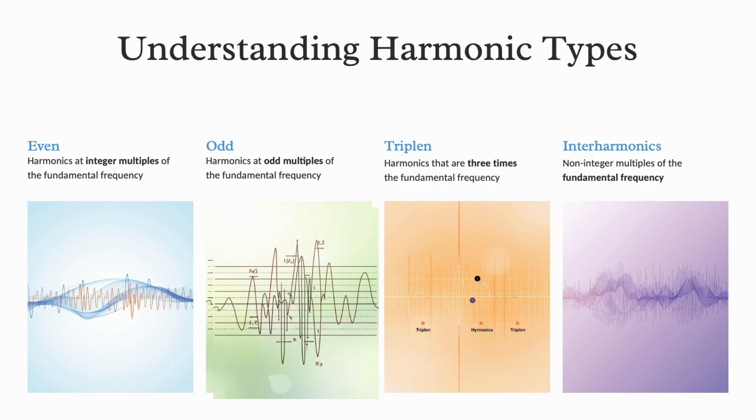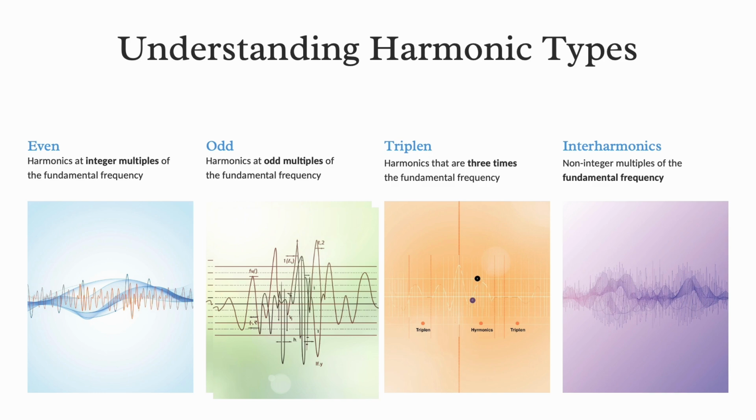Unlike regular harmonics which are integer multiples of the fundamental frequency, interharmonics are non-integer multiples, for example 2.5 or 3.8 times the fundamental. They are produced by equipment such as variable speed drives, cycloconverters, and power converters with irregular switching frequencies.